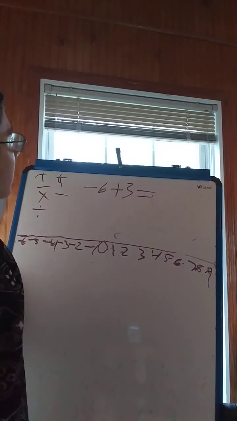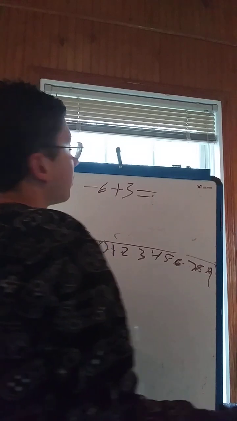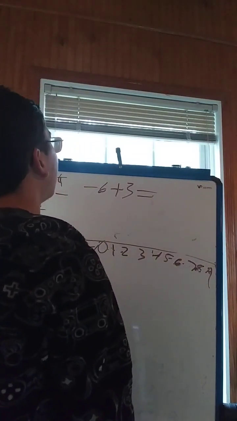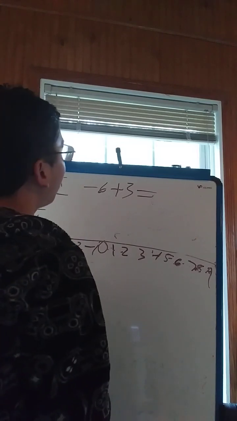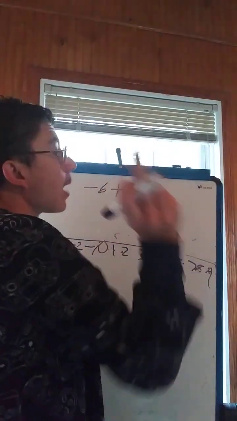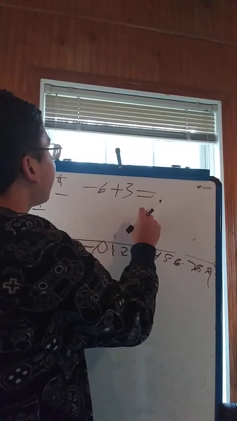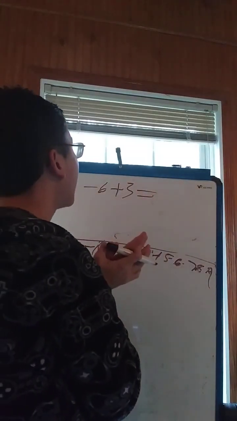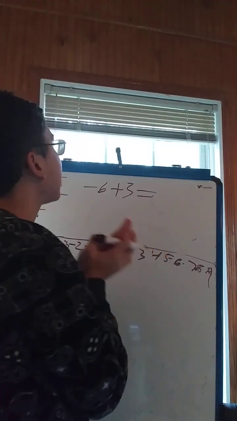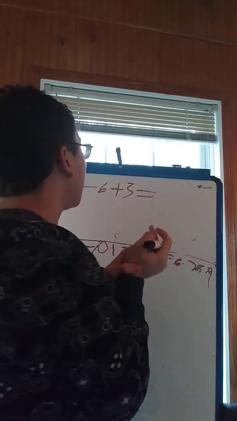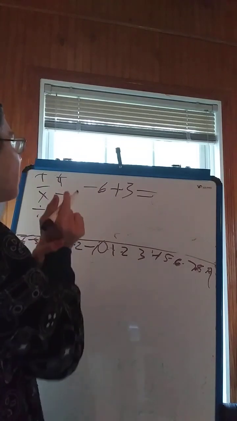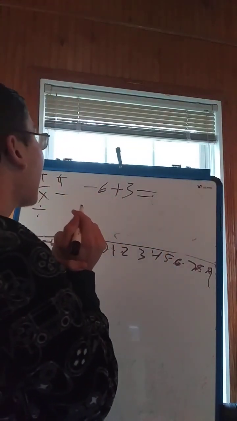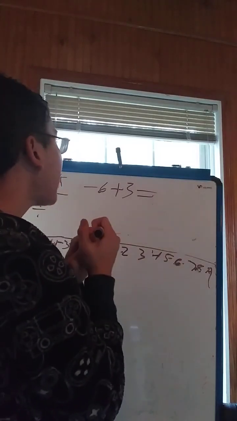Well, you're wondering, okay, well, 6 plus 3, well, no. When you have a problem and the two signs are different, the two signs are opposite, so one's a negative, one's a positive, and when you're adding, you do the opposite of addition. So when you have a negative 6 and a positive 3, in this case, you would subtract. So 6 minus 3 is 3.